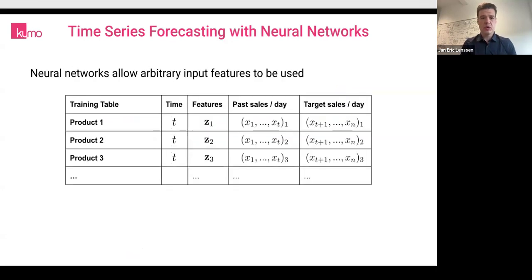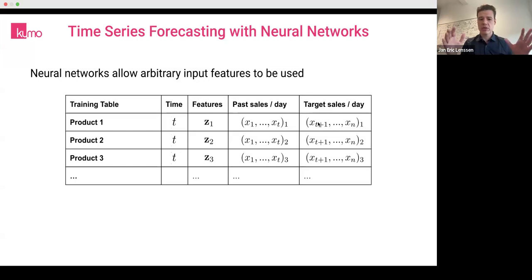So what you can then do is you can create a training table which has a lot of different information. So let's say here now we have one row, like each row of this table is one training example, and these are for the different products, and then it contains the time for which this is a training example. It contains input features that you might have gathered from whatever information you have. It contains your past sales per day as the past time series, and it contains also a target.